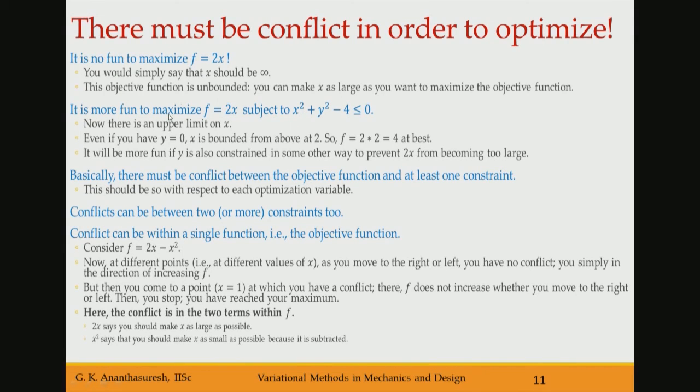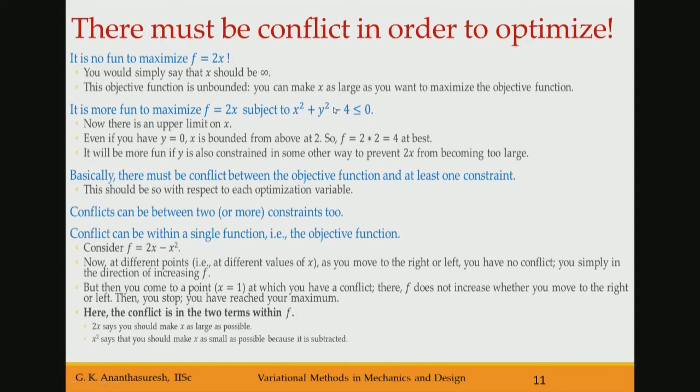If you want to maximize f equal to 2x subject to a constraint like x squared plus y squared minus 4 less than or equal to 0, then it is somewhat interesting, because this one limits you. Even if you take, let us say, y equal to 0 here, y can also vary as a variable.